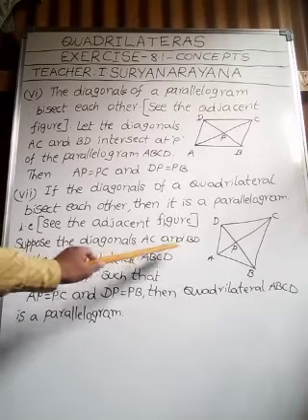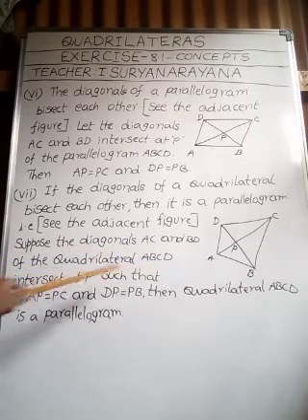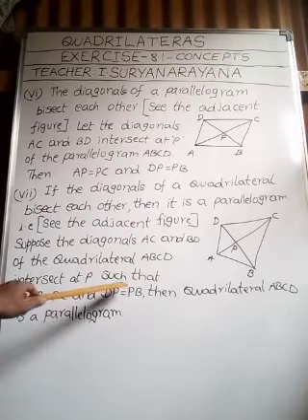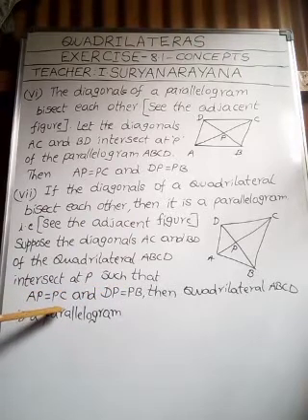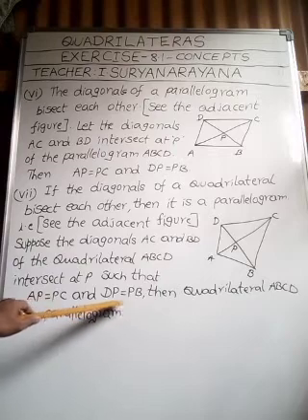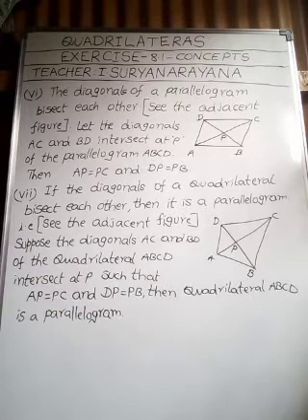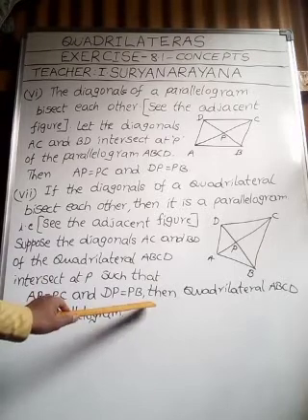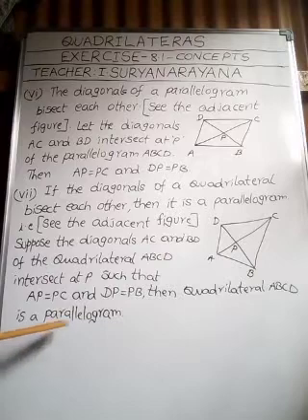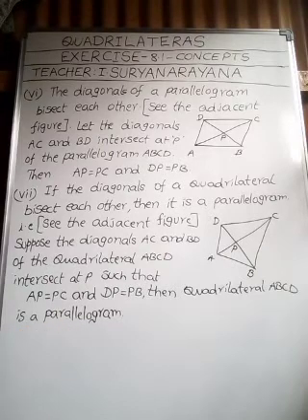Suppose the diagonals AC and BD of a quadrilateral ABCD intersect at P such that AP is equal to PC and DP is equal to PB. We have to show these two conditions. If these two conditions are satisfied by quadrilateral ABCD, then ABCD is said to be a parallelogram. Understood this point, my dear children?